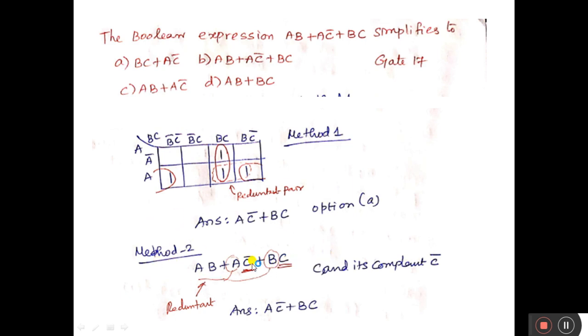So I can take AB as redundant, and directly write the answer AC bar plus BC. So the answer is option A, BC plus AC bar. You can solve it any way. Next question.